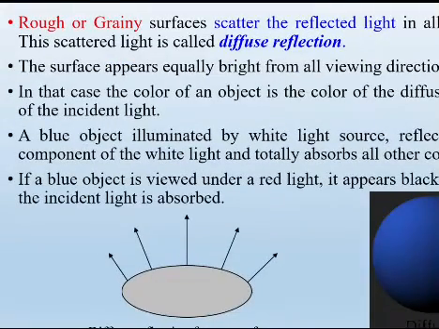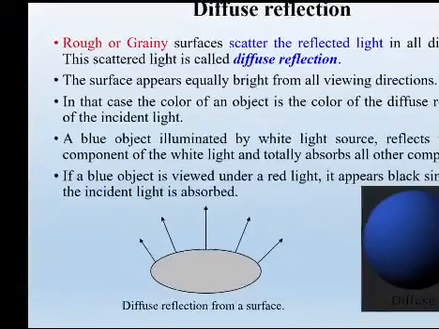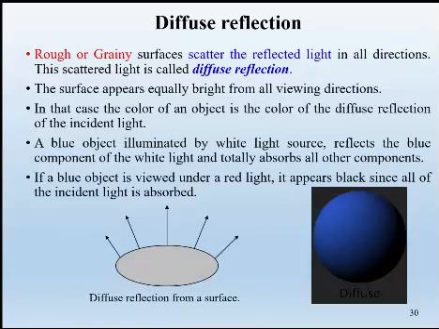The surface appears equally bright from all viewing directions. In this case, the color of an object is the color of the diffusion reflection of incident light. Here a blue object reflects the blue color only. If a blue object is viewed under red light, it appears black since all the incident light is absorbed.